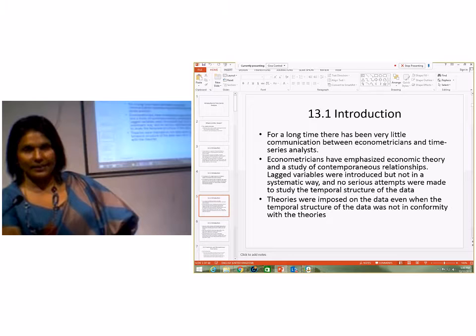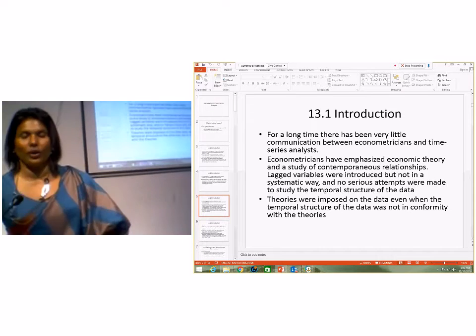Econometricians have emphasized economic theory and the study of dynamic relationships. Lag variables were introduced, but not in a systematic way, and no serious attempts were made to study the temporal structure of the data.